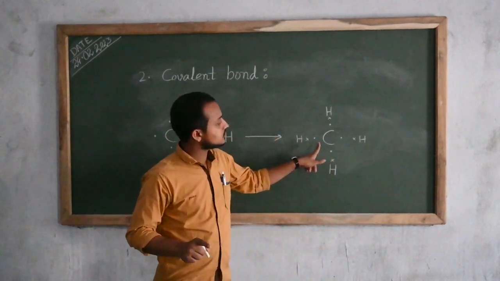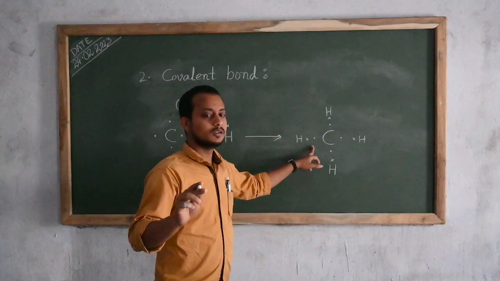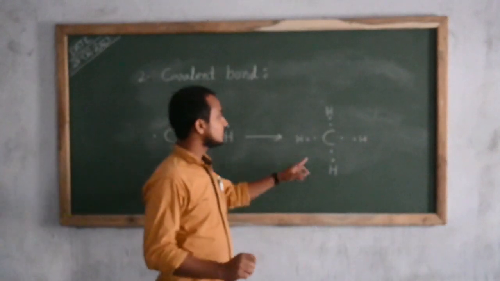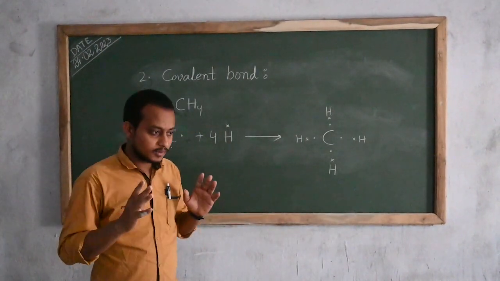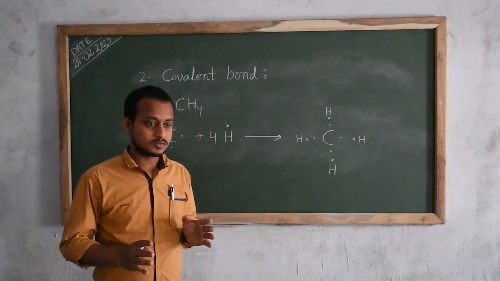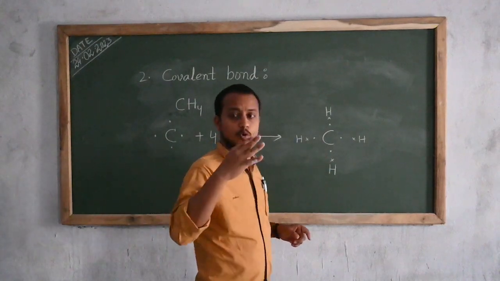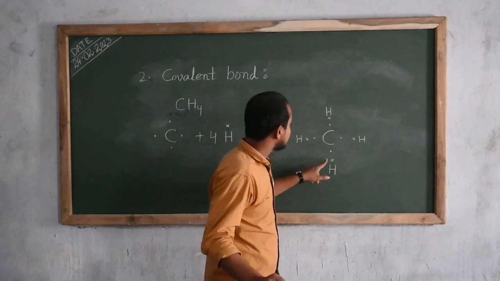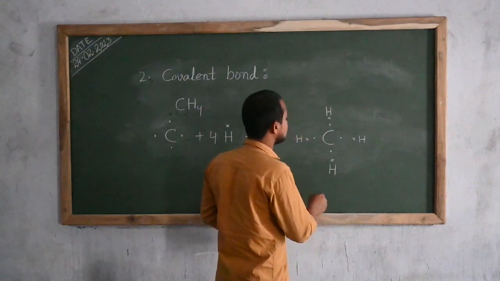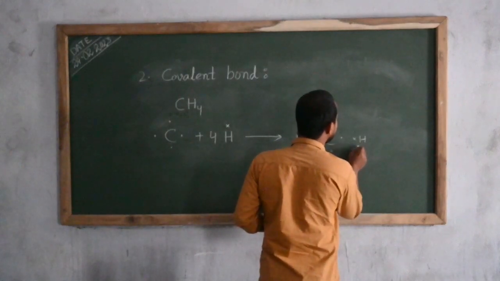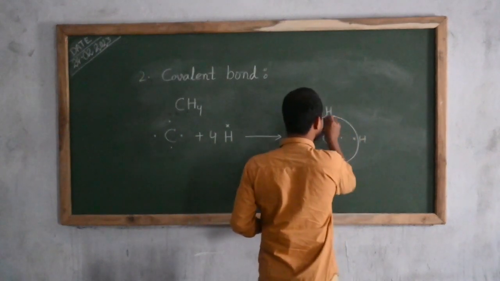Now carbon is deficient by 4 electrons to fulfill its octet. To maintain 8 electrons in its outermost shell, carbon has to gain 4 more electrons. These 4 electrons of the 4 hydrogen atoms are shared to fulfill the octet of the carbon atom.